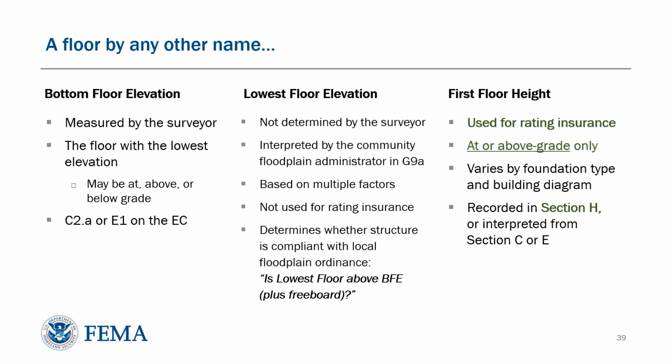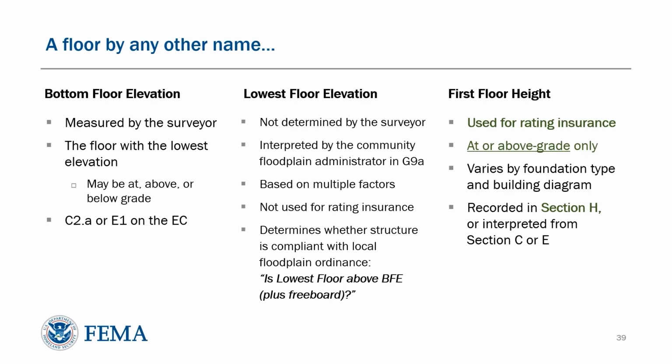The lowest floor elevation is something that's interpreted by the community official based on multiple measurements, elevations, and characteristics of the building. Lowest floor is not used for rating flood insurance, but communities still use it to determine compliance with local floodplain management regulations. Lowest floor is recorded in Section G9A.